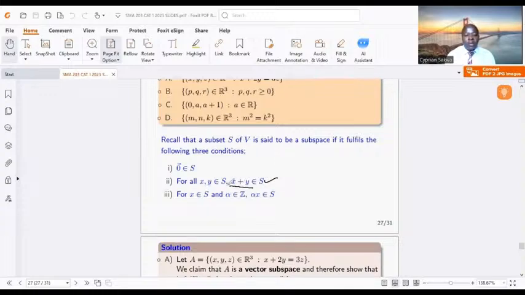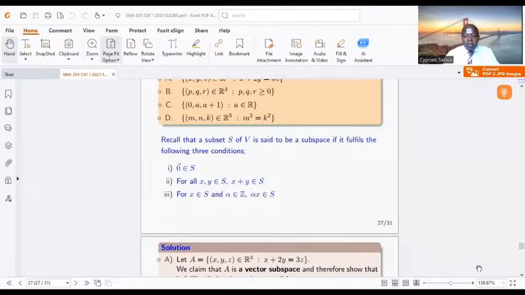And then it must also be closed under scalar multiplication. If you pick any scalar and multiply it by an element of this subset, the result should be a member of this subset. So those are the 3 conditions that a subset must satisfy to be a subspace.